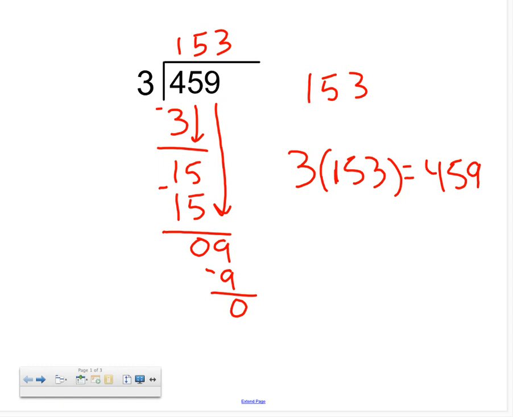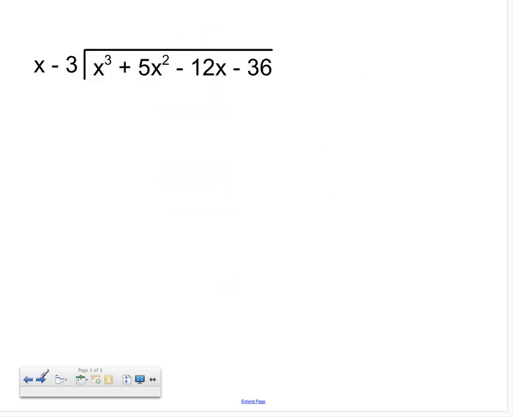To divide polynomials with long division, again, it's a very similar process. We just have some variables in the mix instead. So let's look at one. We have x cubed plus 5x squared minus 12x minus 36, all divided by x minus 3. So just like with long division, where we were looking at the leading digit, for long division with polynomials, we're going to look at the leading term.